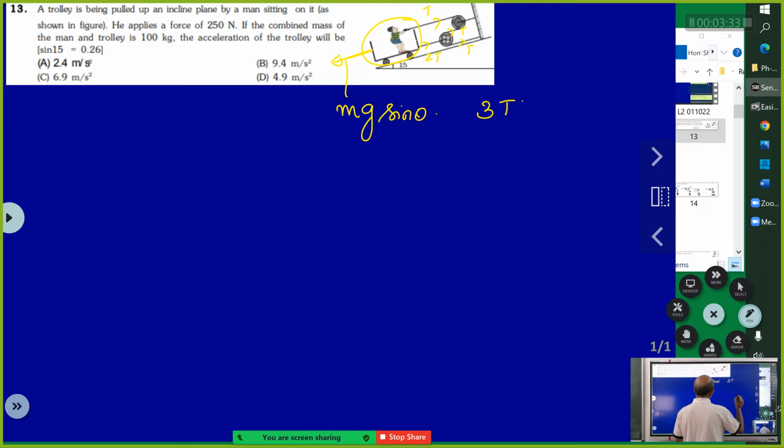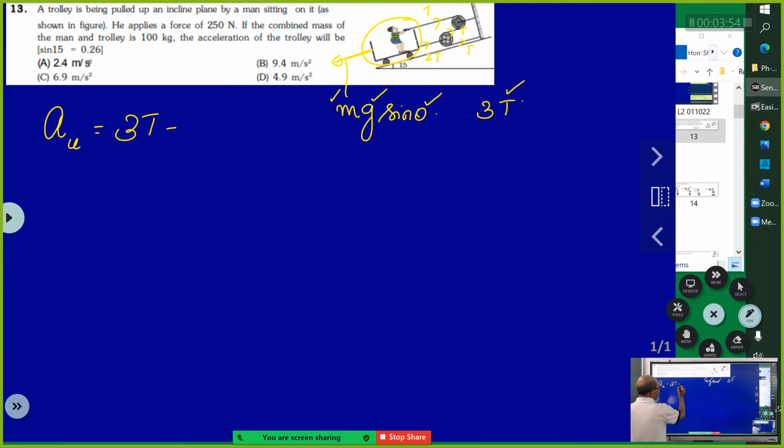They have given this value, you know this, and this value is also known. So they are asking you the acceleration. Here the situation is quite simple. The acceleration in the upward direction will simply be equal to (3T minus mg sin theta) upon m.